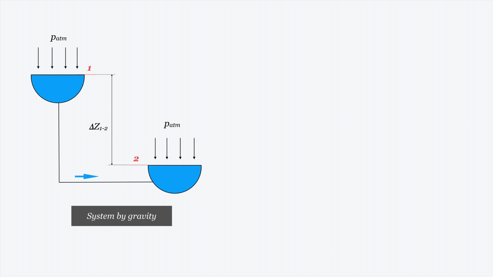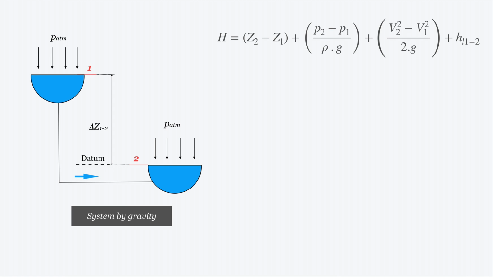The difference between section 1 and section 2 is the one we have represented here, and the reference plane will pass through section 2 to eliminate this term of the equation. We will see now. We have the equation we have seen before, of course. We can delete the term Z2 because it can be considered 0, considering as reference the reference plane we have drawn in this drawing.